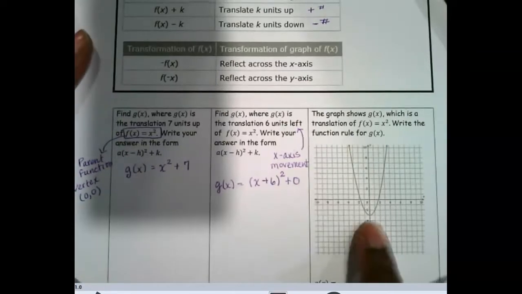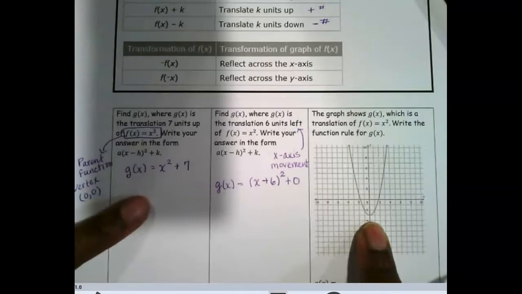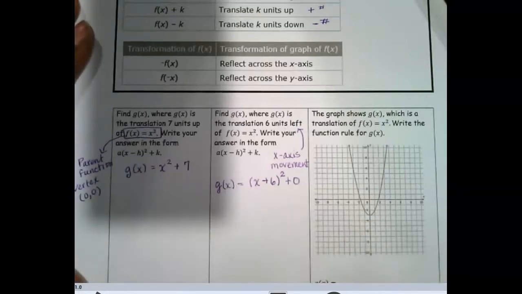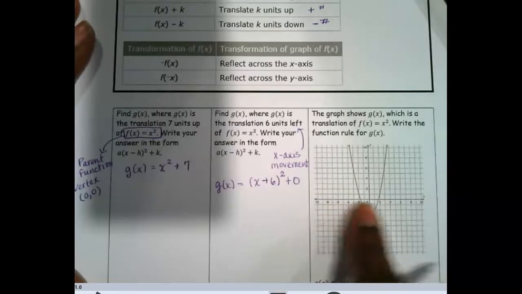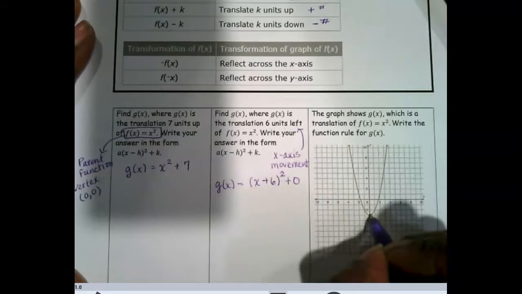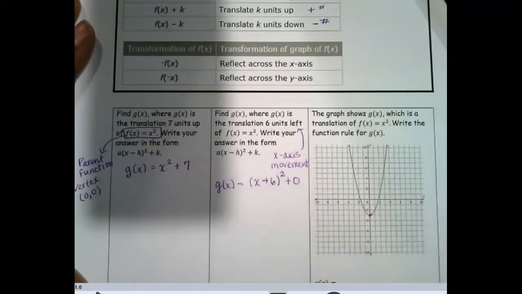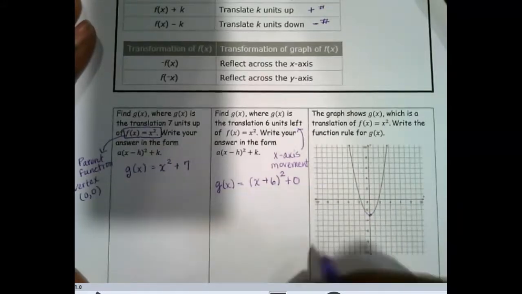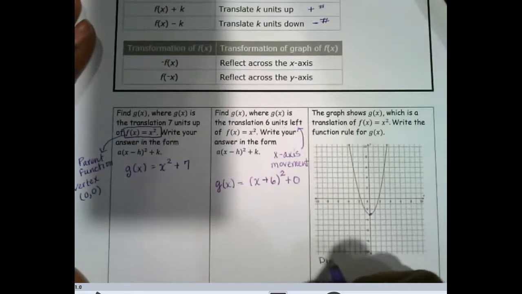This time they're showing it to us as a graph instead of an equation form, but nothing changes. The first thing I want you to look at when you're doing this is, was there a left or right movement of the vertex? Did the vertex move?